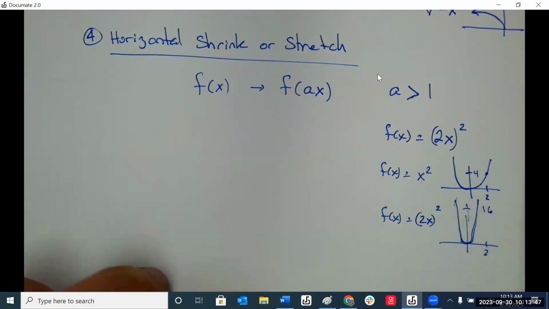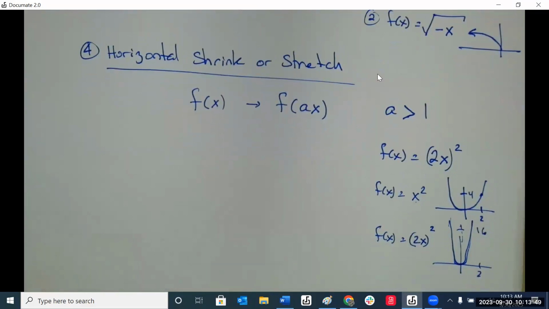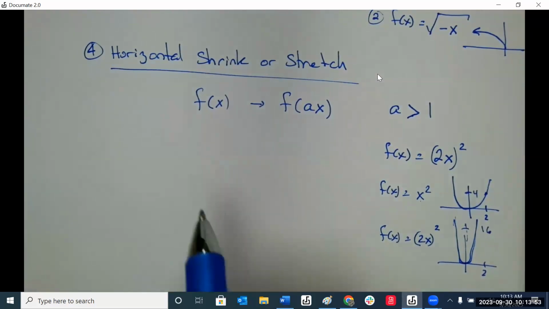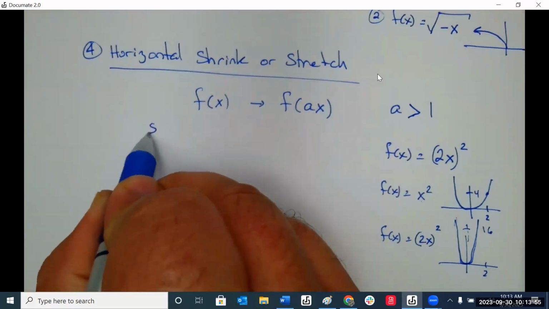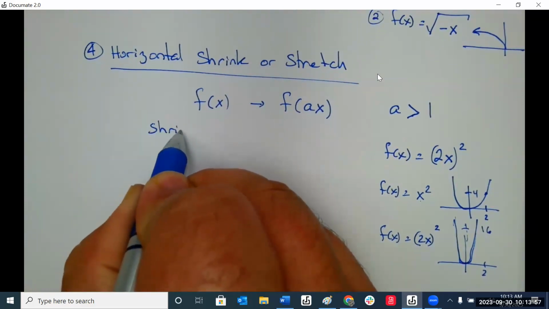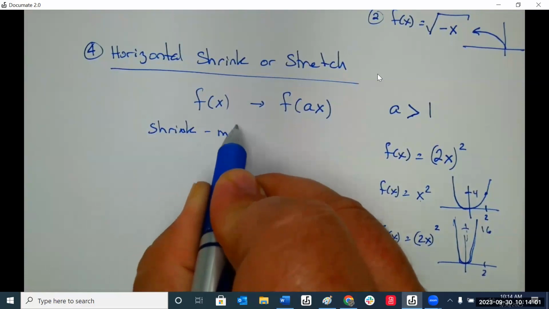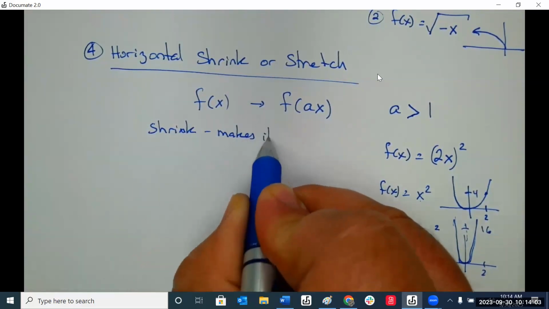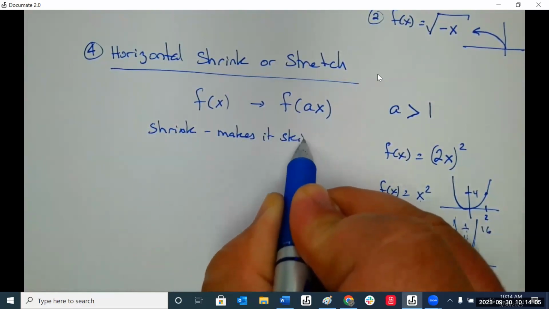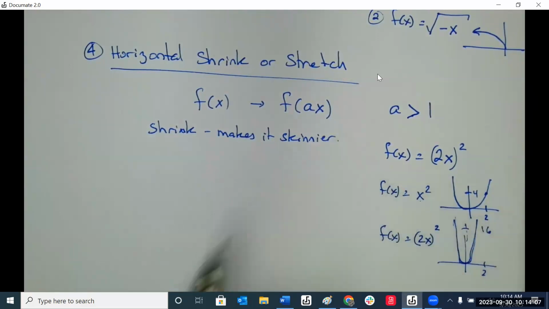It grows much faster. We call this the shrink. Makes it skinnier. That's if our coefficient is greater than 1.